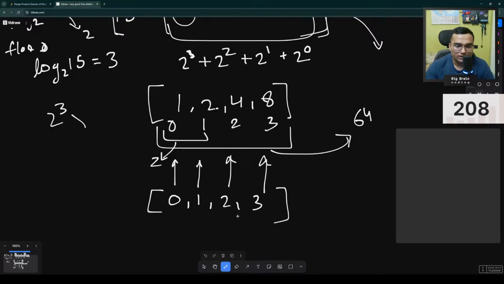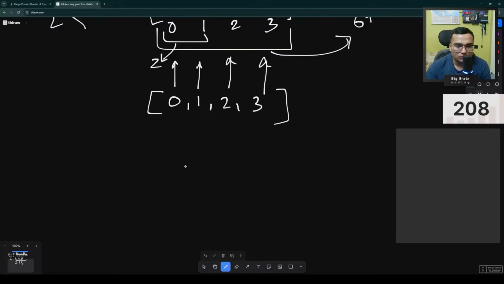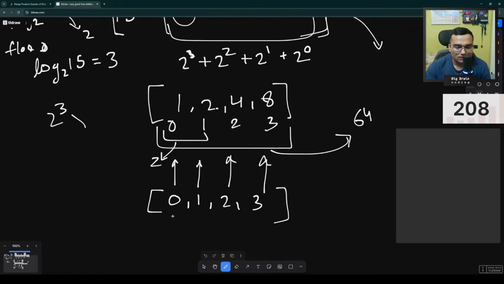This is more efficient. And let's say I want to calculate from 0 to 3, give me the product from 0 to 3. What I can simply do is add up the powers: 2 to the power of 0 times 2 to the power of 1 times 2 to the power of 2 times 2 to the power of 3.